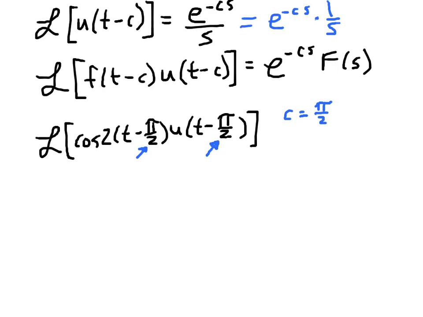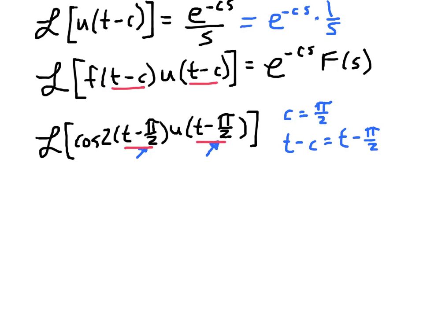There will be times when those two may not agree and we'll have to do some manipulation on the function little f in order to get it to have the same shift as our step function. But in this case, c equals pi over 2. So then t minus c is t minus pi over 2. So the t minus c portion of these two functions is this, which I'm underlining in red, and those correspond to the parts in the formula above that I've underlined in red as well.